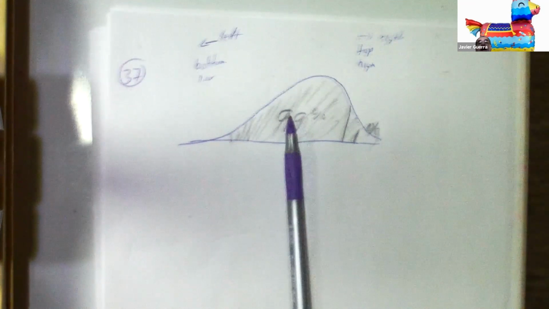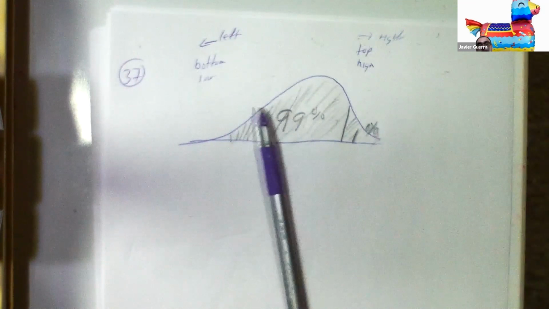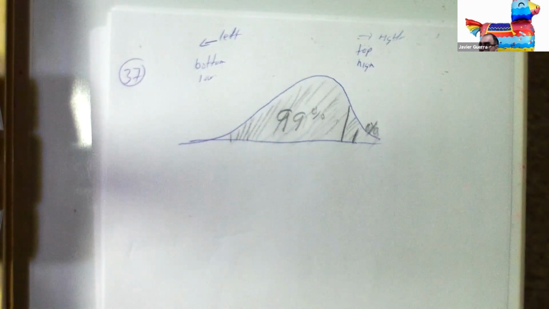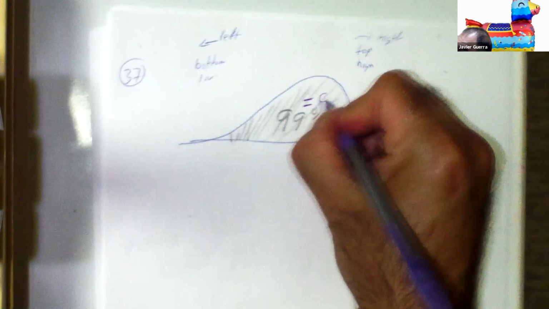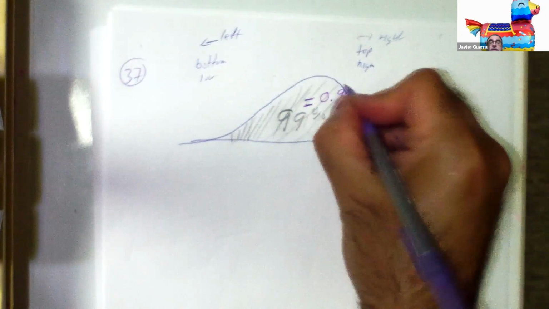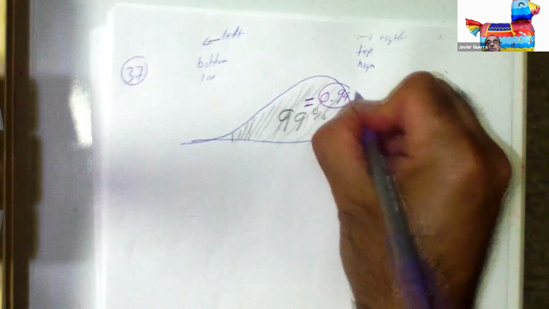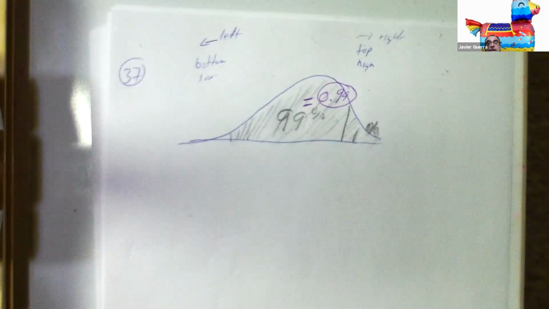How do you write 99% as a decimal? 0.99. So I'm going to put 0.99 into my StatDist in the second box, and I'm going to get the z-score for it.